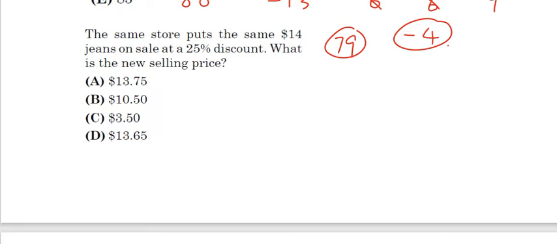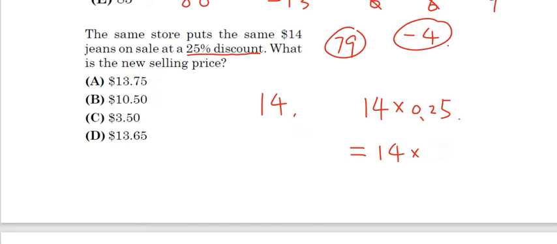Okay. So here the question is the original price is $14, and they have a 25% discount. So the 25% discount is 14 multiplied by 25%, or 0.25. And 0.25 is just like 1/4, right?